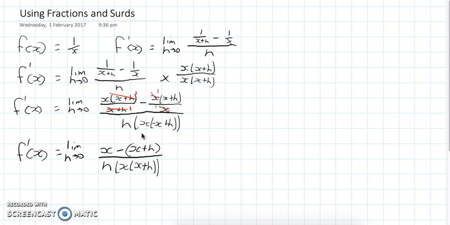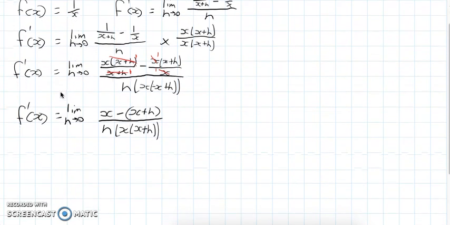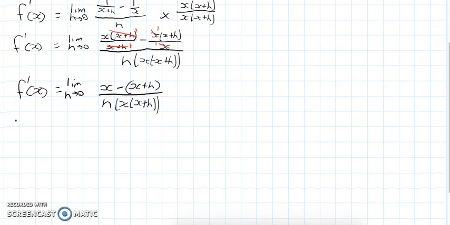So we end up with something that looks a little bit like this. So let's keep going and see what happens. F of x is equal to, now let's expand this out. So x minus x plus h, or x minus x minus h, because this minus sign is going to turn this positive into a negative. Whoops, I've forgotten the limit at the start, so let's add that in. Better keep it consistent.